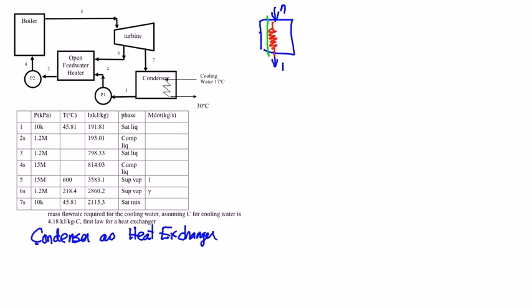The control volume that we worry about is the hot steam only.